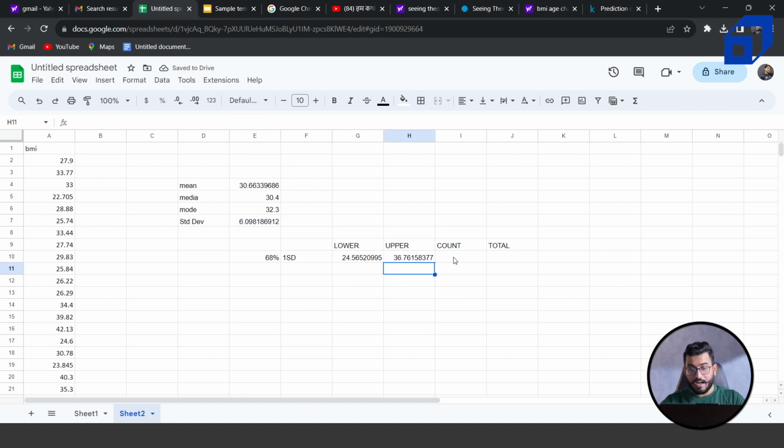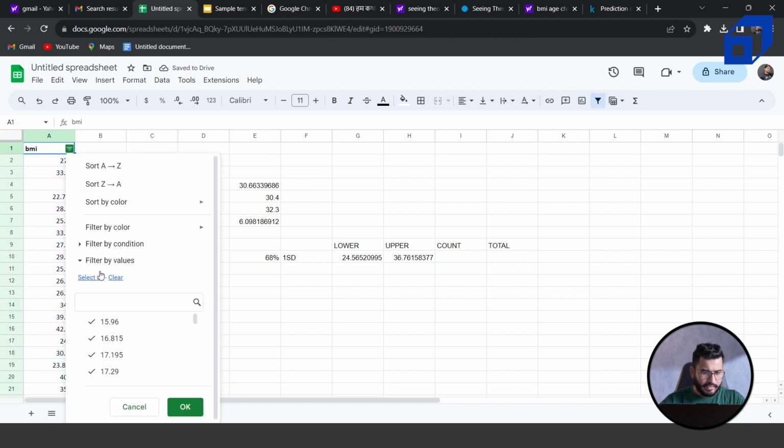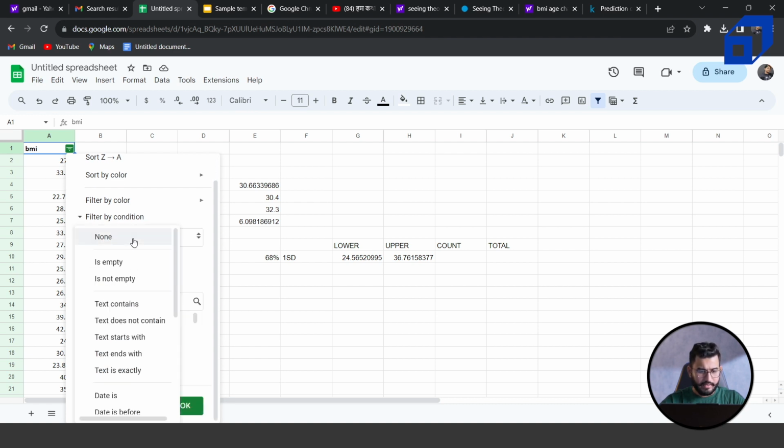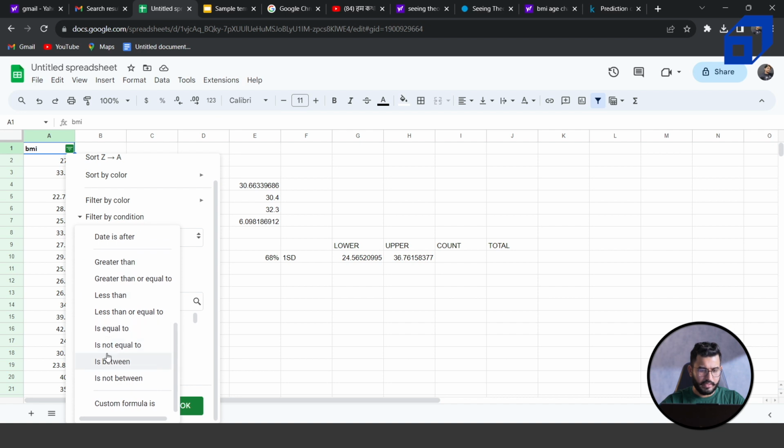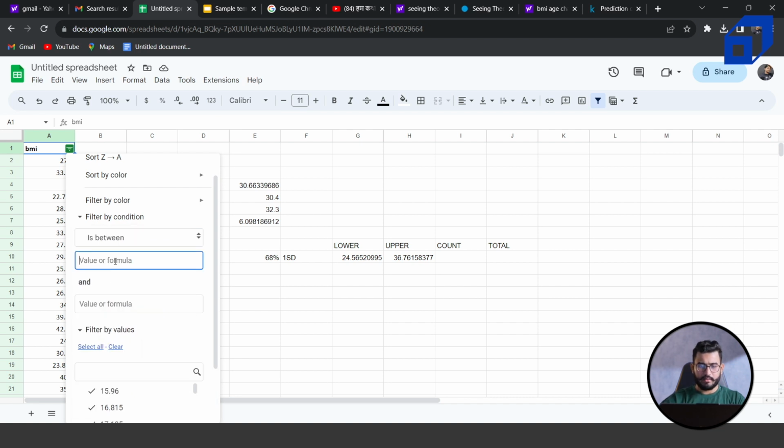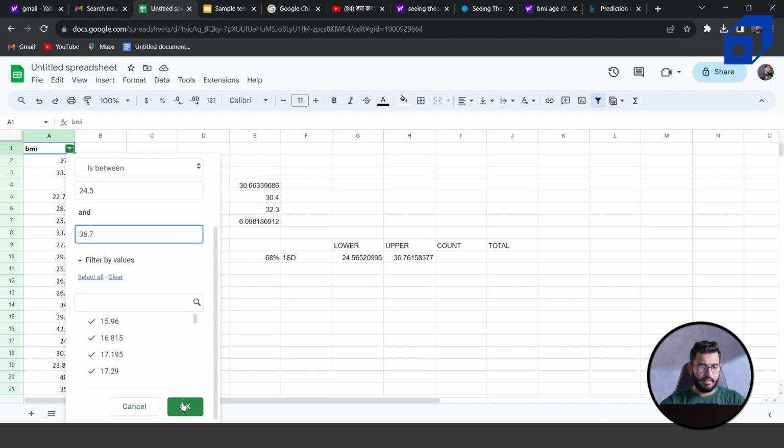Now I will count how many values are falling in this range, because my objective is to find out the percentage. So I'll quickly apply a filter over here, and I will create a filter by condition, and my condition is between the lower value 24.5 and upper limit 36.7, and I'll just quickly create a filter.